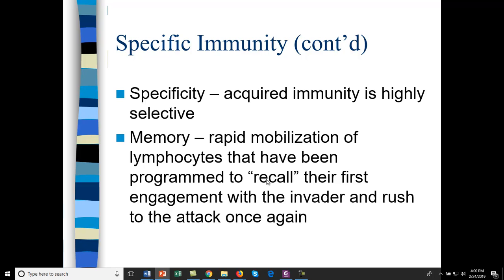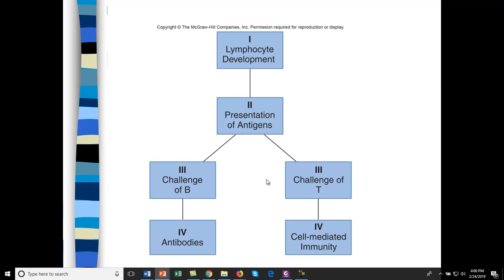So you have an initial engagement with the invader, and then after that you have memory cells that will rove the different compartments of your body, and they will remember that they saw this particular pathogen before, and then you'll have a much more rapid and robust immune response the second time you see that pathogen.